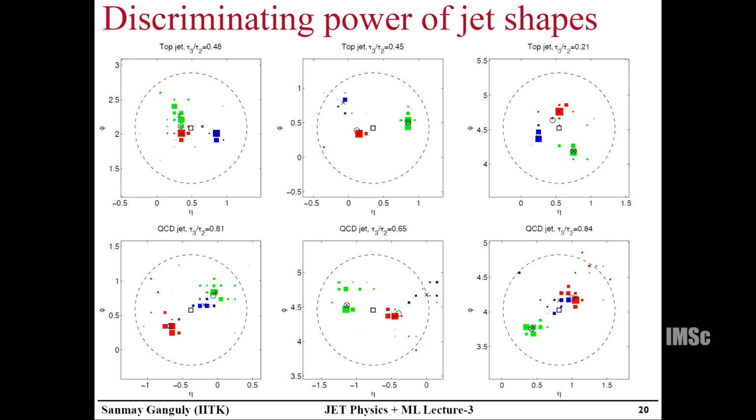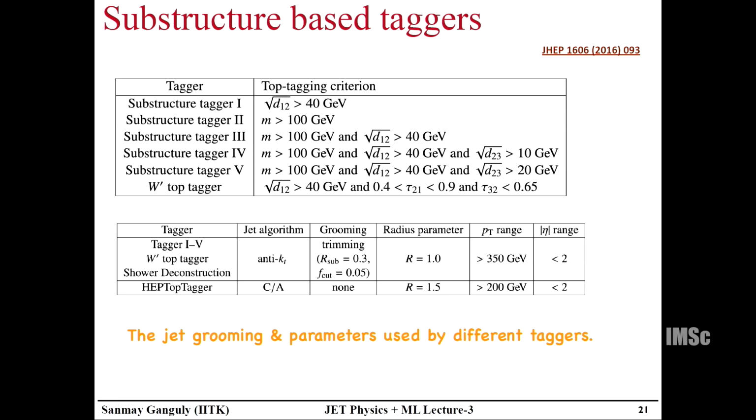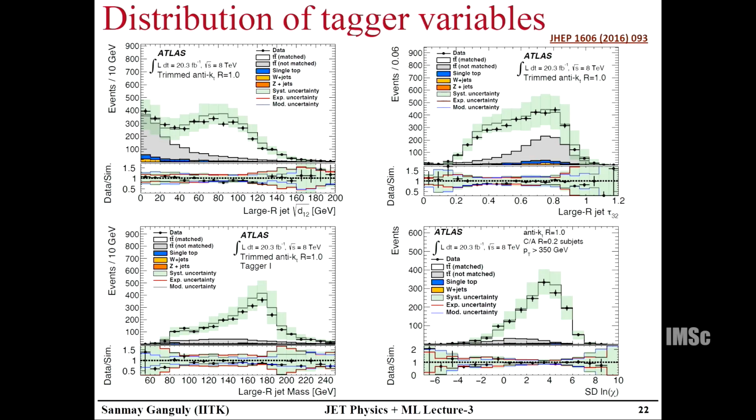So that's what we will use as discriminator. So it's just a table of the kind of values which we choose while we design a tagger in real life to make things work, to identify a boosted Higgs, a boosted top, and so on and so forth. And these are the performances.